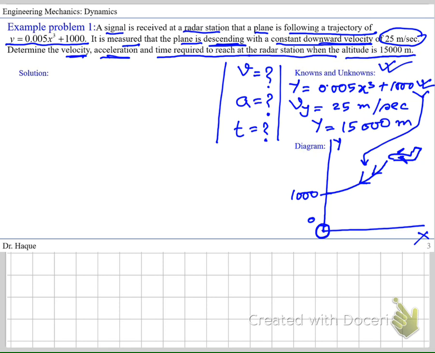So which one would be easier to solve first? So we know this is the time, and currently the plane is at 15,000 meters. Since the downward velocity is constant, we can use the formula, which is distance s in the y direction equals velocity in the y direction times time.